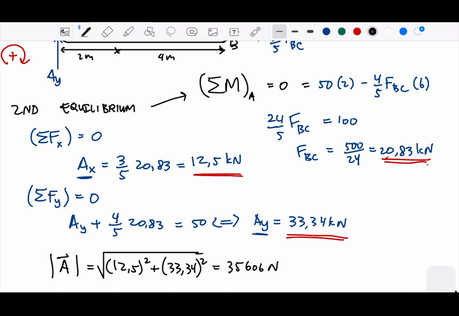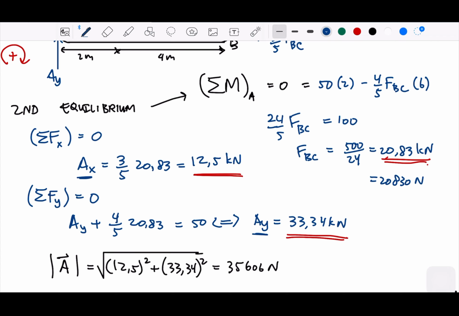Okay, so the force at A, and what is the force at B? The force at B is 20,800 Newton or 20.83 kilonewton. And now the pins, right? The pins at A and B have the same diameter.